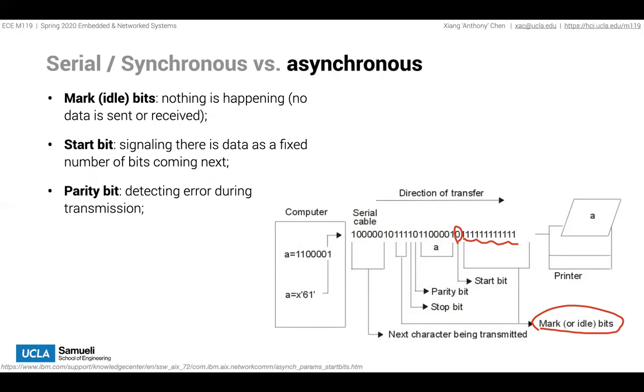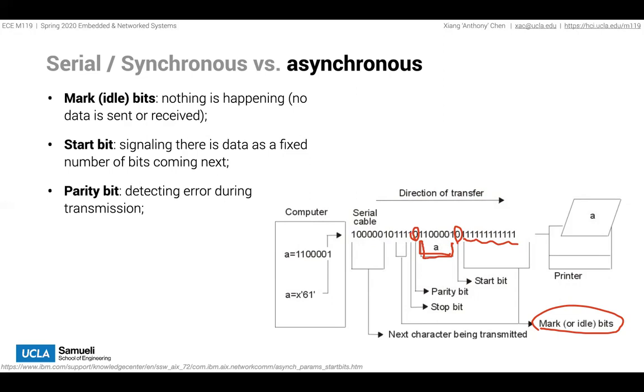So there is a bunch of extra payload here. After that, there is another extra bit called the parity bit, which is used to detect potential errors during the transmission. By comparing the parity bit and the actual payload, you can detect whether there has been an error in transmitting the payload or the parity bit.